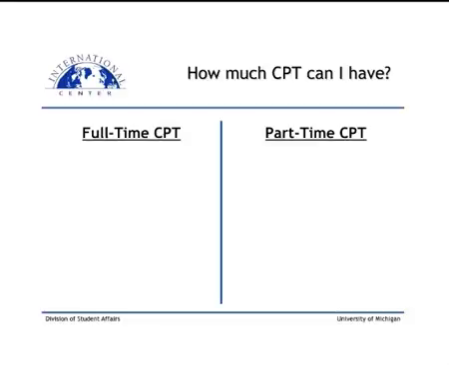Although there is no maximum limit on the amount of CPT for which you can be authorized, you have been admitted to the United States in F1 status in order to go to school and complete a degree program. Therefore, a work opportunity cannot delay your normal degree progress.